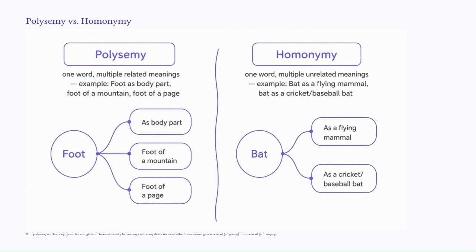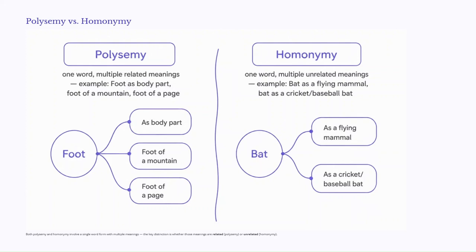The main difference between polysemy and homonymy is this: polysemy is one word with multiple related meanings. If you say foot, it's a body part, foot of a mountain, foot of a page. So these are related meanings. But homonymy is one word with multiple unrelated meanings. For example, bat is a flying mammal, a cricket bat or a baseball bat.